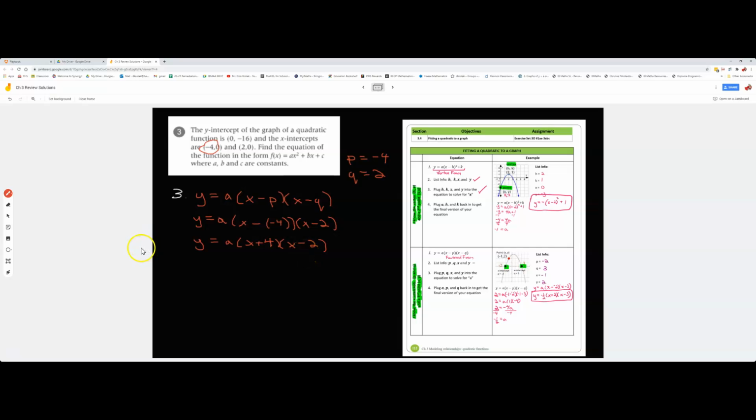Now in order to get A, I'm going to substitute in the y-intercept, which was (0, -16), for x and y.